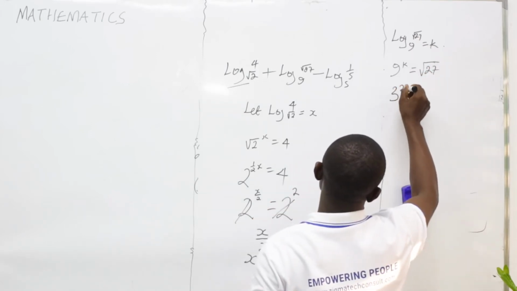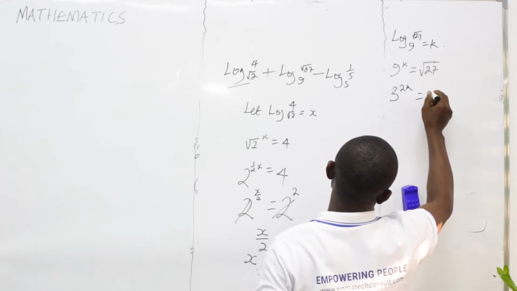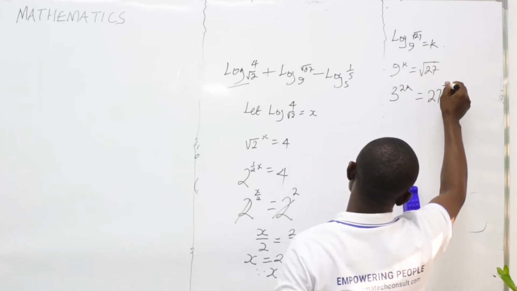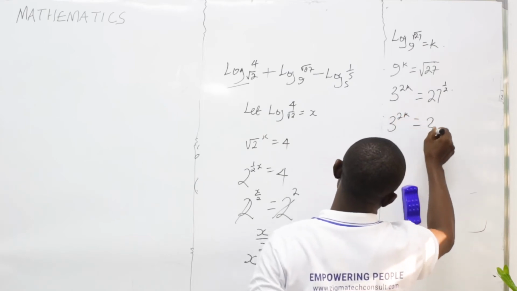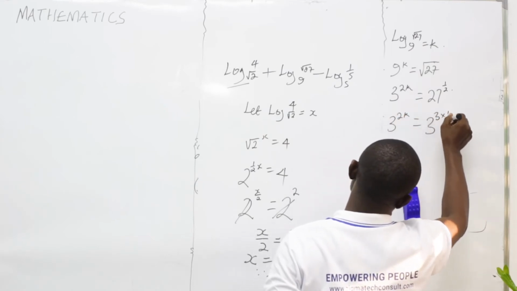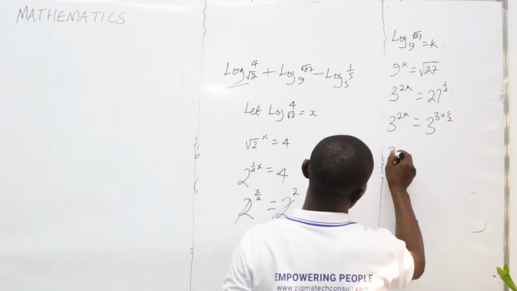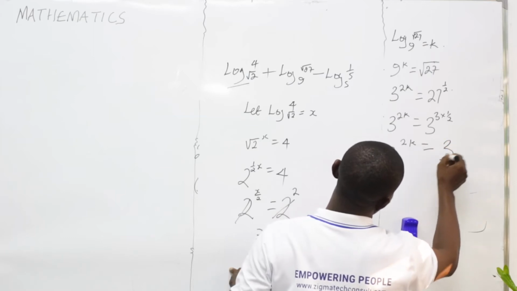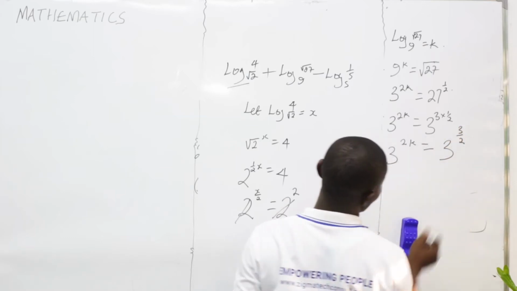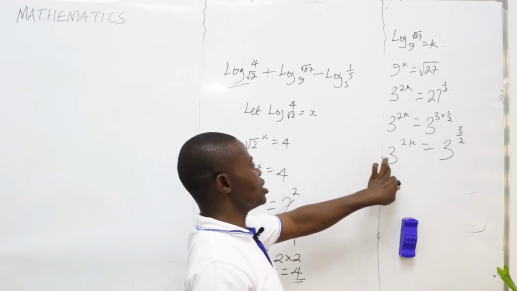3 power 2k equals 27 raised to the power half. 3 power 2k equals 3 raised to the power 3 times 1 over 2. 3 power 2k will give us 3 power 3 all over 2. Watch very well, they are the same.